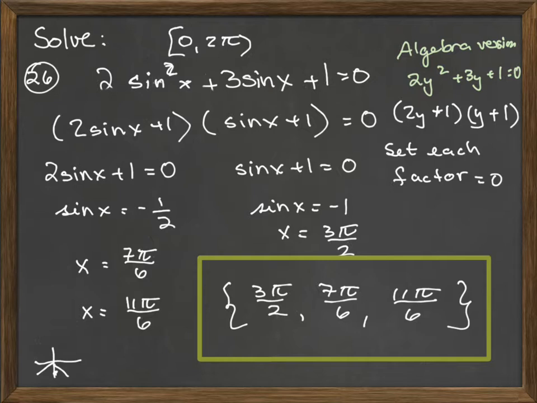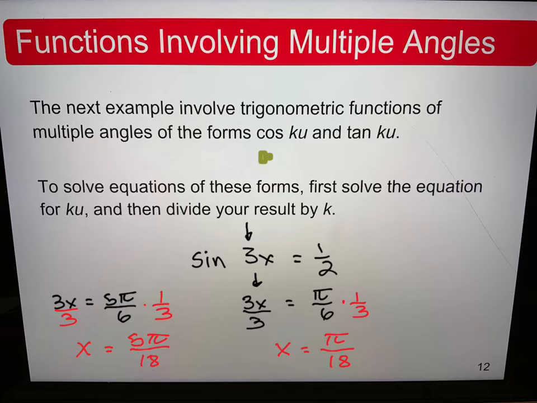For which angle is the sine negative 1? That would be 3 pi over 2, and these are our answers. Here we do not write plus 2n pi because the book told us to do it between 0 and 2 pi. So here we have a list of angles that has to stop at some point. Any questions here? Everybody good? Definitely questions that are on a test.